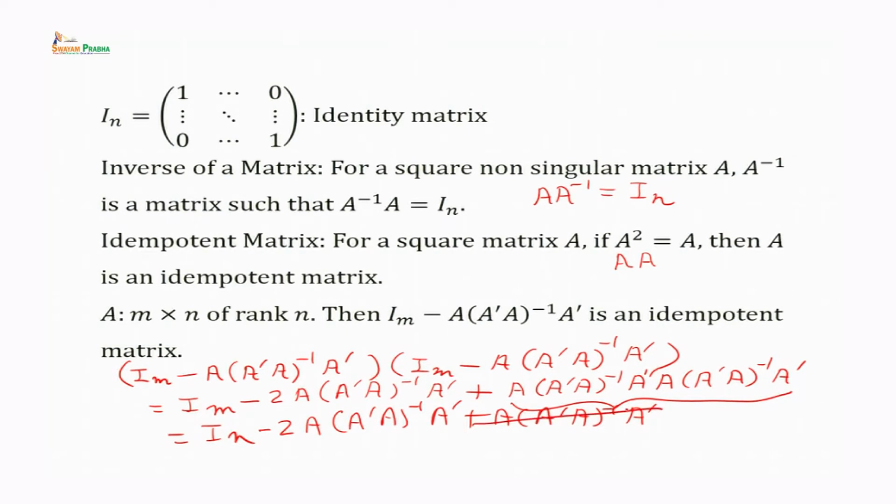Then finally, you obtain I m minus A (A transpose A) inverse A transpose, which is equal to this matrix. So, this matrix is an idempotent matrix because the square of this matrix is equal to the same matrix.